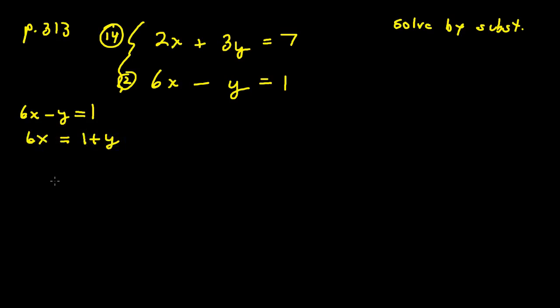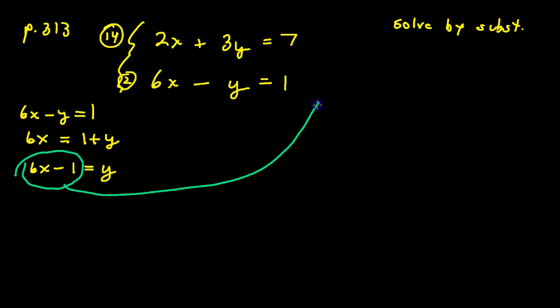So 6x equals 1 plus y. And then if I subtract 1 from both sides, I get 6x minus 1 equals y. I have now solved for y in terms of x, and I can now plug this expression for y into the other equation.